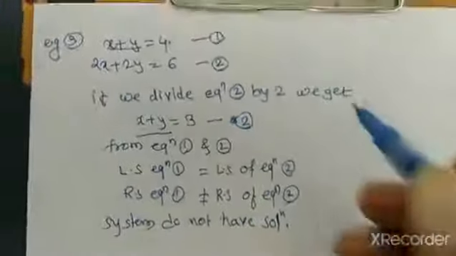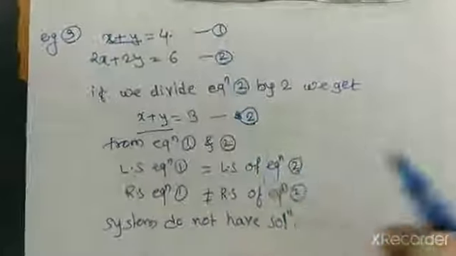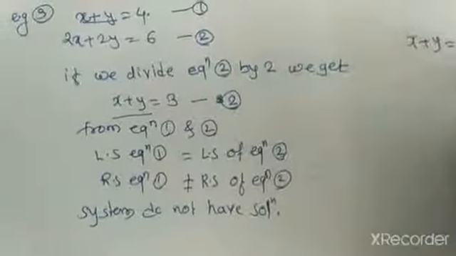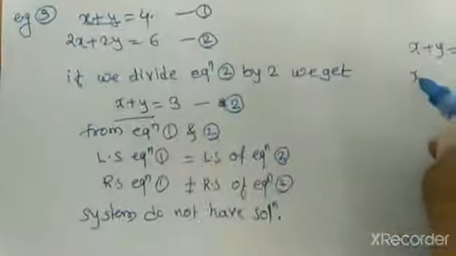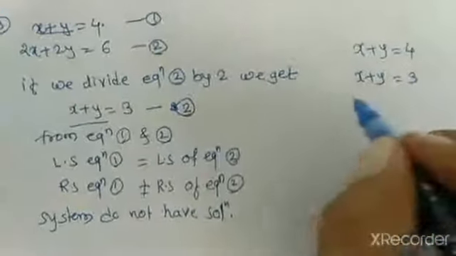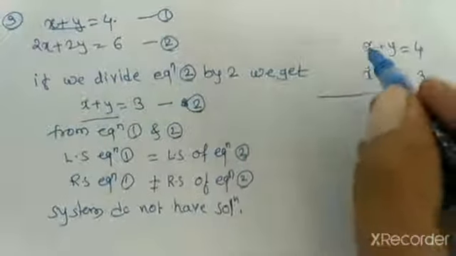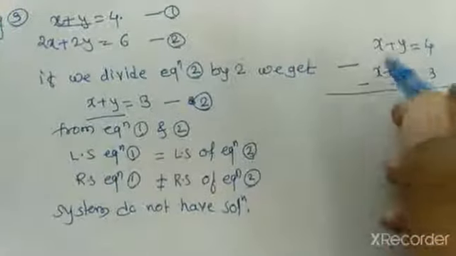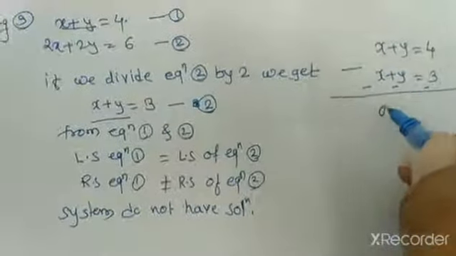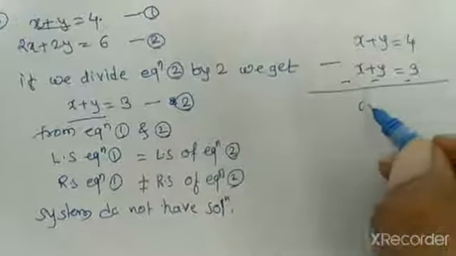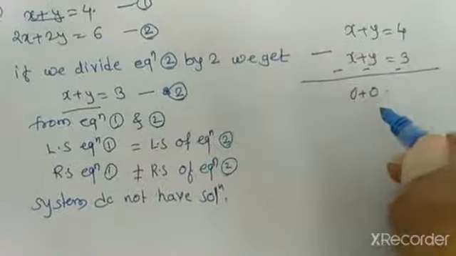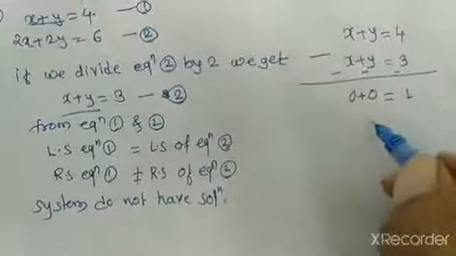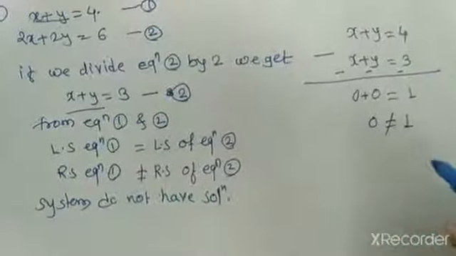For example, x plus y is equal to 4 and we get x plus y is equal to 3. If we subtract these two equations, we get on the left side x minus x is 0, y minus y is 0, so the left side will be equal to 0, and on the right side 4 minus 3 is 1. Is it possible that 0 is equal to 1? Which is not possible.